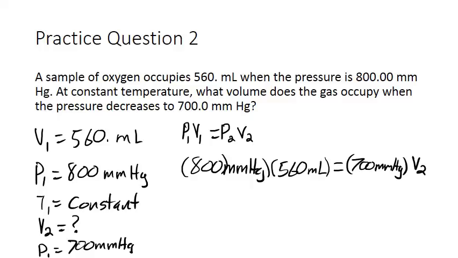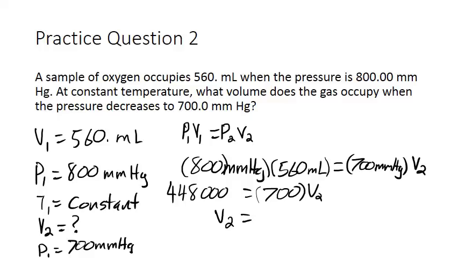When you multiply these first two numbers, 800 times 560, you'll get something like this, equal to 700 times V2. Divide each side by 700. That will give you 640. And just stick with the same units. So if V1 was in mL, then V2 is also going to be in mL, or milliliters.